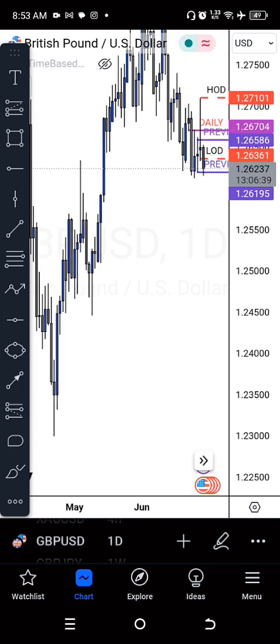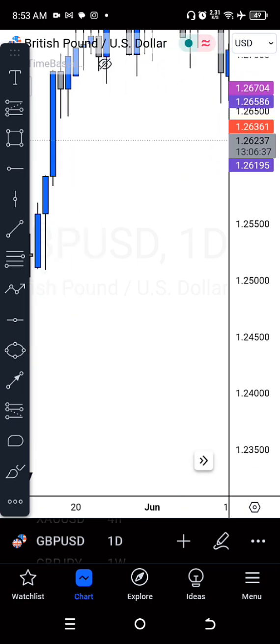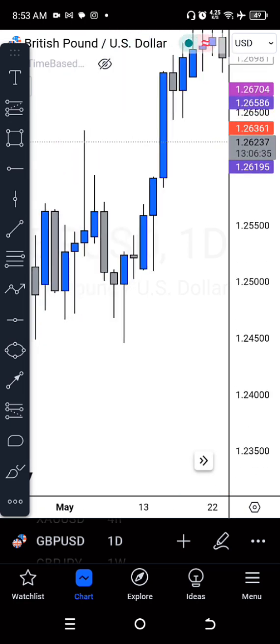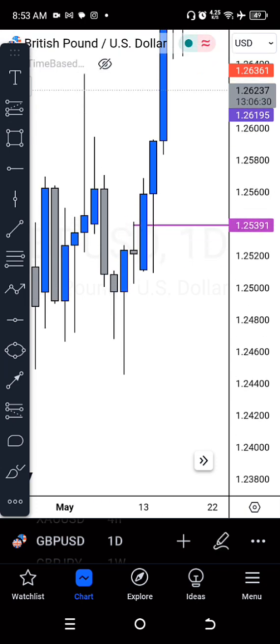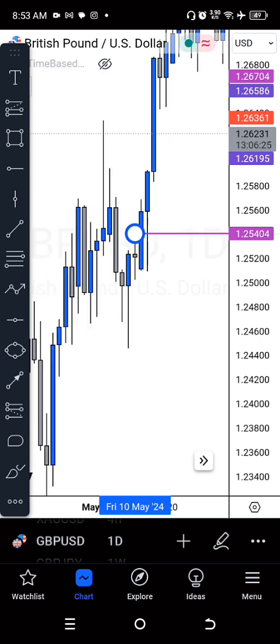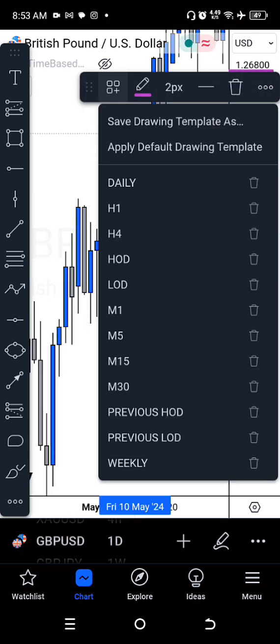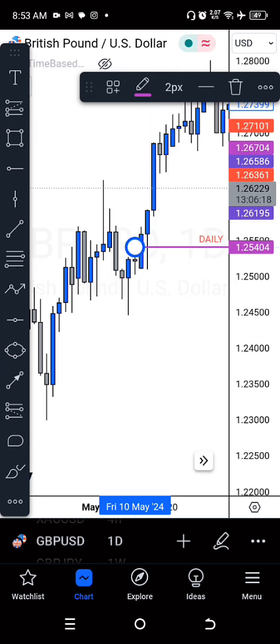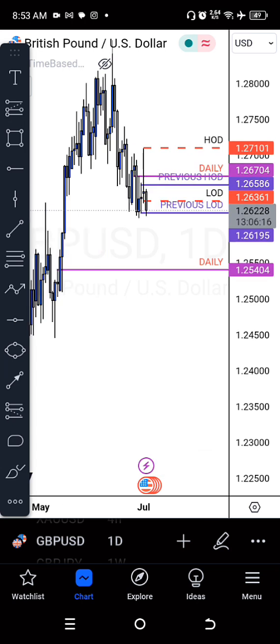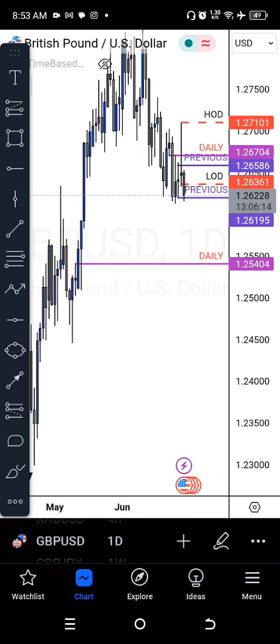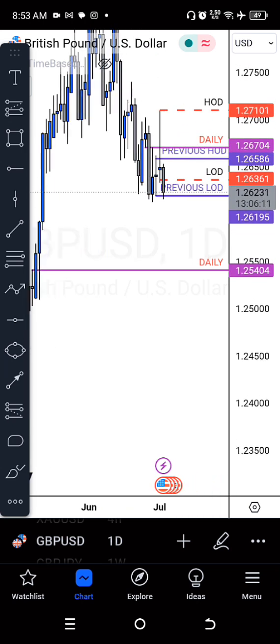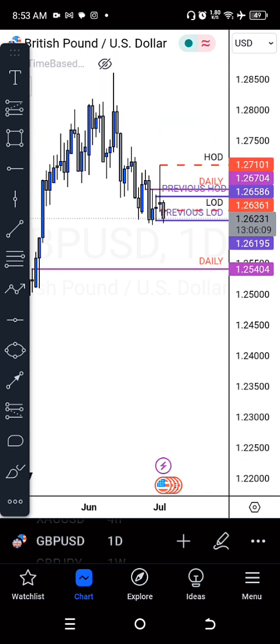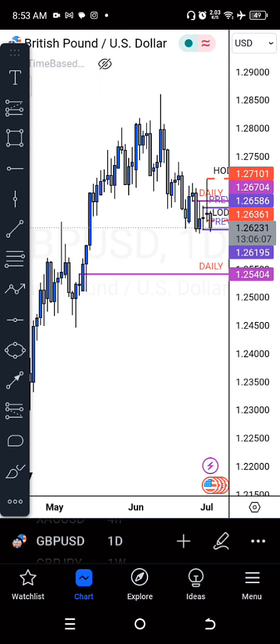Then here is my daily demand. This candle here, my daily demand. I'll mark it as daily. So this is the next area the market is heading to. Since the market has been bearish, this is the next area the market is heading to.